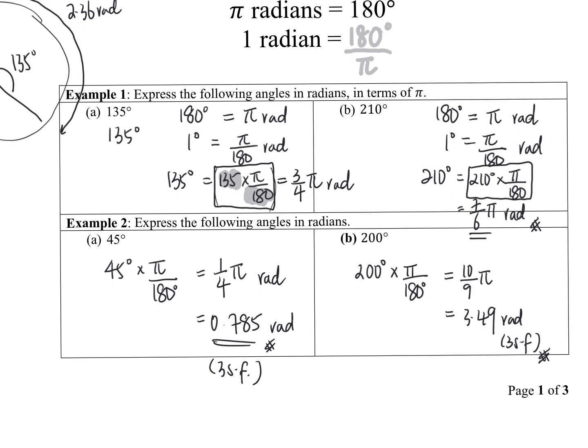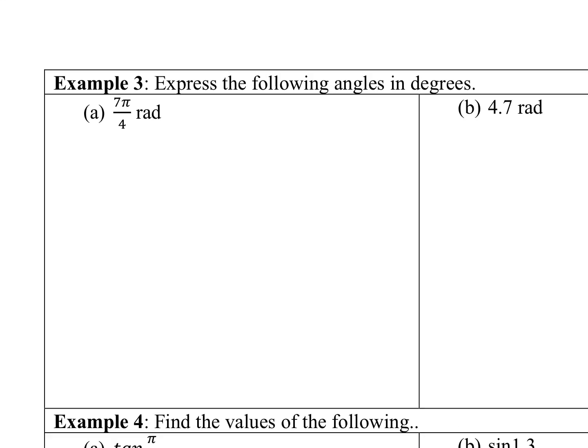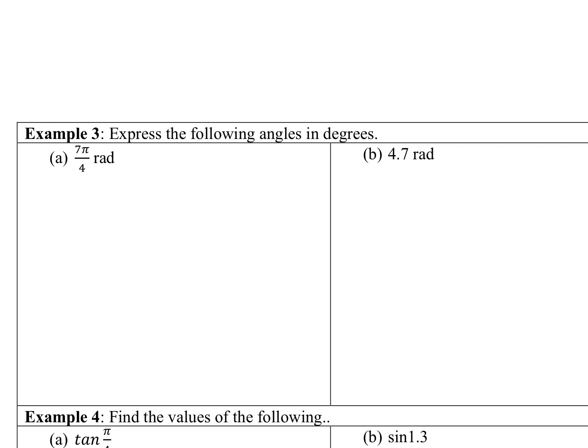Okay, what if we give you radians and we ask you to convert to degrees? Same thing. We know that pi radian is 180 degrees, so 1 radian is 180 over pi. To find 7 pi over 4 radian, you basically times this.